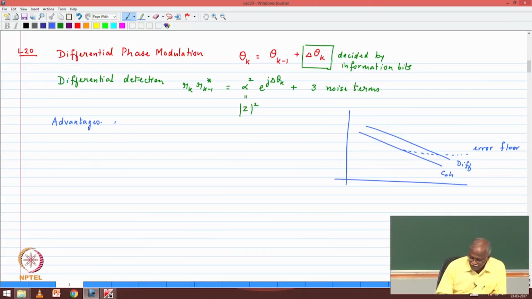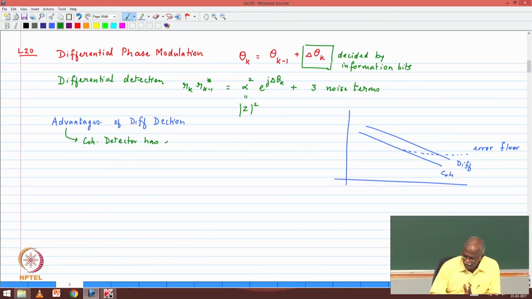The advantages of differential detection from that figure we can capture in the form of a single statement: the coherent detector has an error floor at high Dopplers. That's because of the requirement of channel tracking and the limitations of our ability to track fast fading.